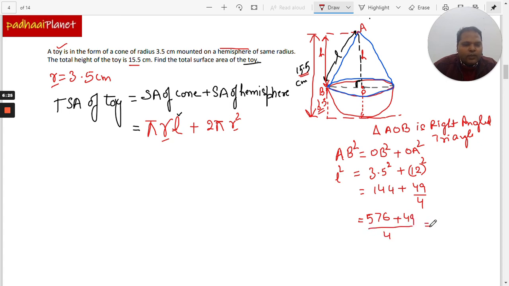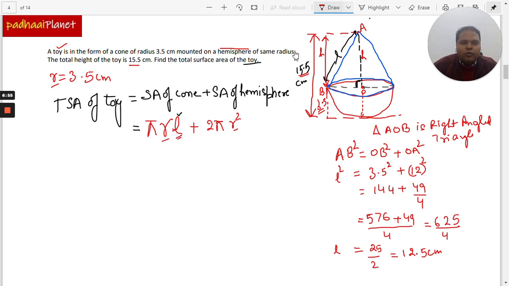So that's like 625 over 4. So we can write L is equal to 25 upon 2, right? And that's 12.5 centimeter, right? So we have got the value of L also.